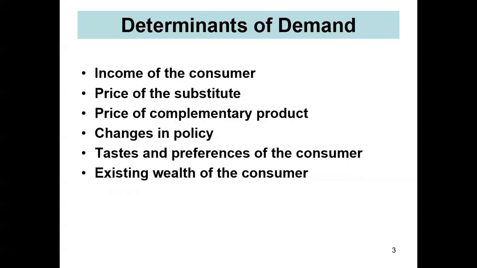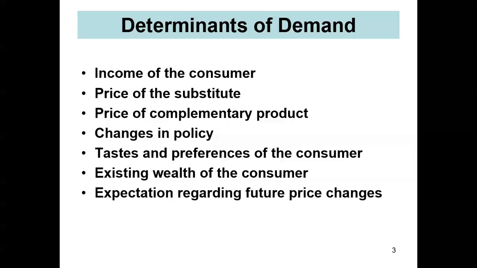Having said that, let me also go to the existing wealth of the consumer. How much wealth the particular consumer has depends on what he is going to buy. Then, expectations regarding future price changes. In future, if the price is changing, the consumer's expectation about future changes in the price of a given commodity also affects its demand.